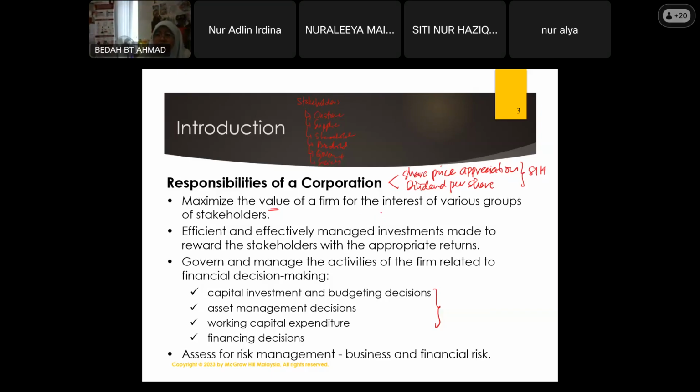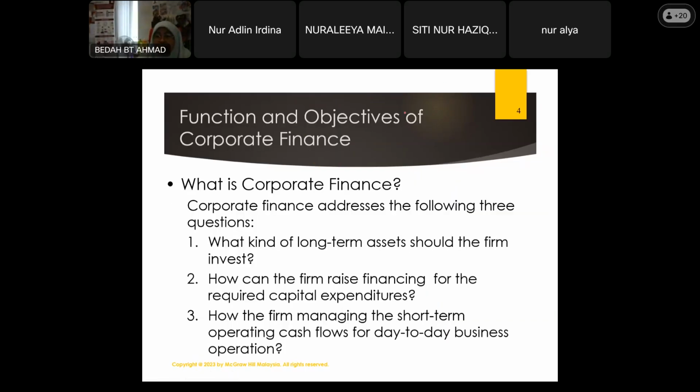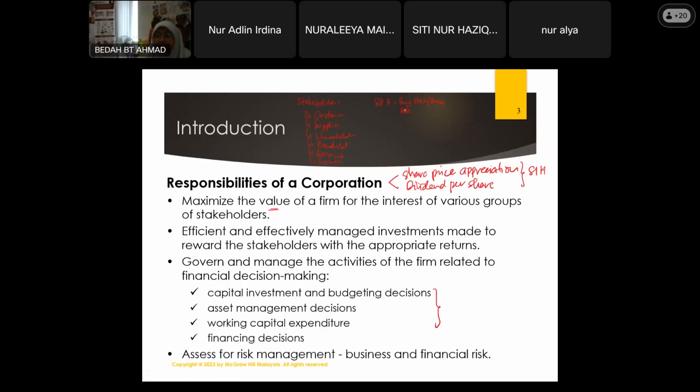For example, shareholders want share price appreciation. Maximizing the value means, let's say shareholder A buys stock or shares of company ABC at a price of RM 1.5.